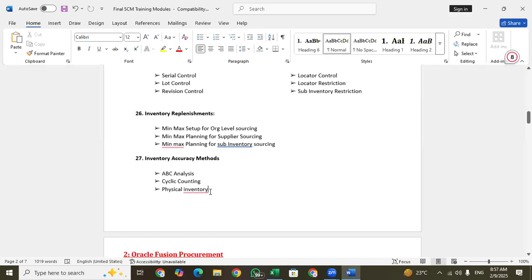at inventory level also, sometimes item discrepancies happen. At that time, they need to remove that discrepancy, so they conduct these accuracy methods. At system level, 100 quantity is there, but physically only 99.